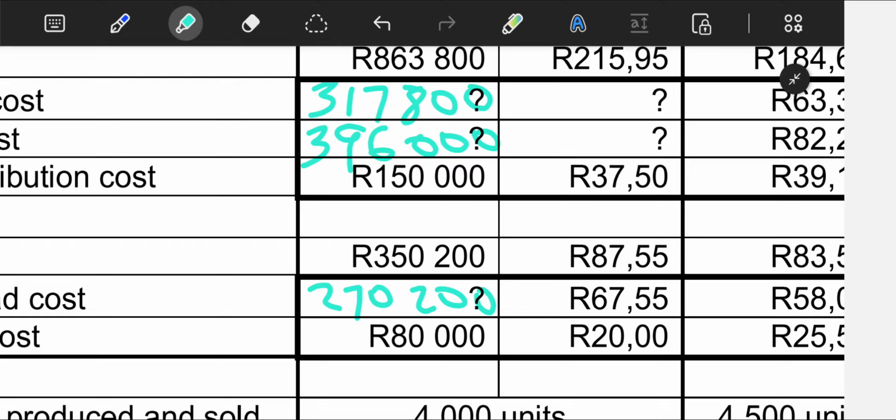We have produced 4,000 units. So let's get per unit. 317,800 divided by 4,000 is 79.45. And then the labor, 396,000 divided by 4,000 is 99.